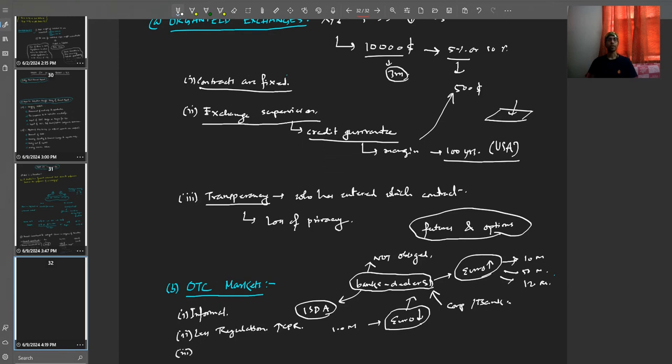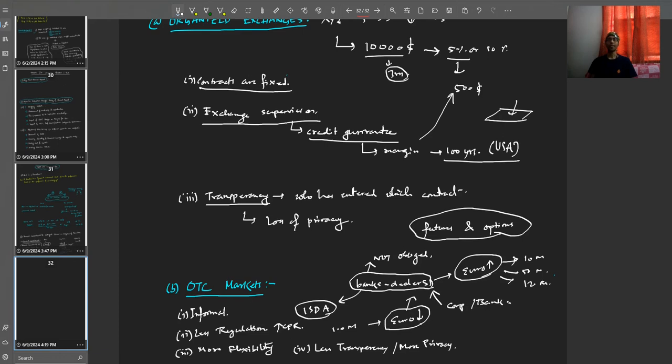Number 3, there is more flexibility. You can create different kinds of contracts, right? The only thing is both the parties have to agree to the contract, then only can it be created and executed. Number 4 is less transparency and more privacy.